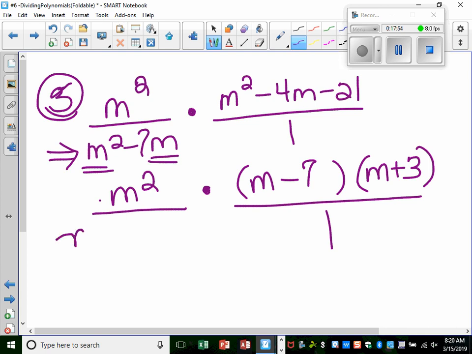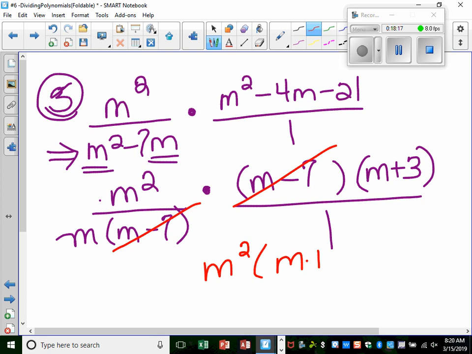So I'm going to take out an m, and that'll be m minus 7. All right? So I can cross out the m minus 7's. And at the top, I will be left with m squared times m plus 3. And at the bottom, I'm going to be just left with m.